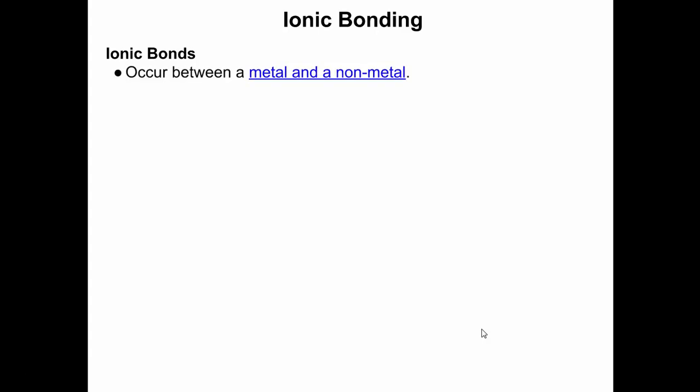So now we need to talk about ionic bonding. Ionic bonds occur between a metal and a nonmetal. And again, this is where one atom gives up its electron, or more than one electron, and another atom takes those electrons.